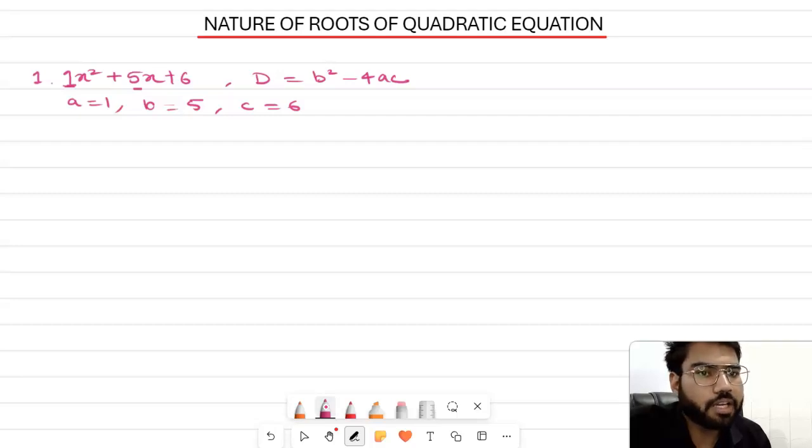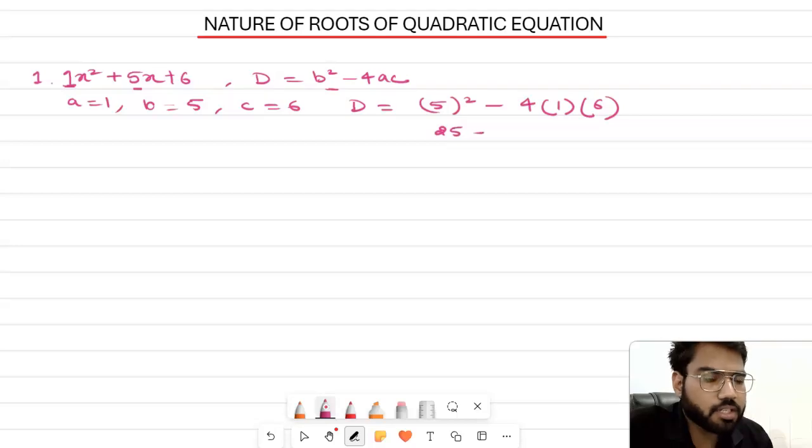Now putting these values in the formula, D is equal to b square, that means 5 square minus 4 into a is 1 and c is 6. So it will become 25 minus 4 into 1 into 6, which is 24. That comes out to be 1. So the value of discriminant is 1.